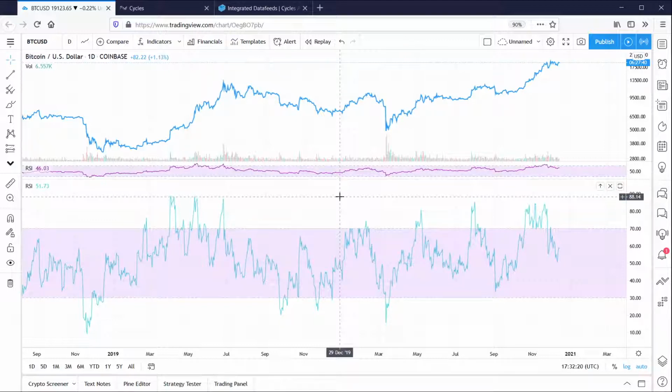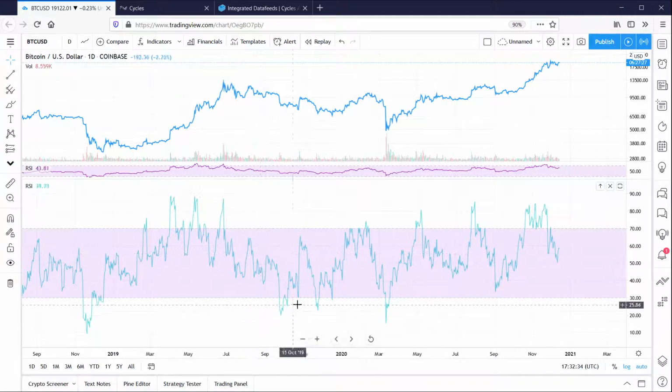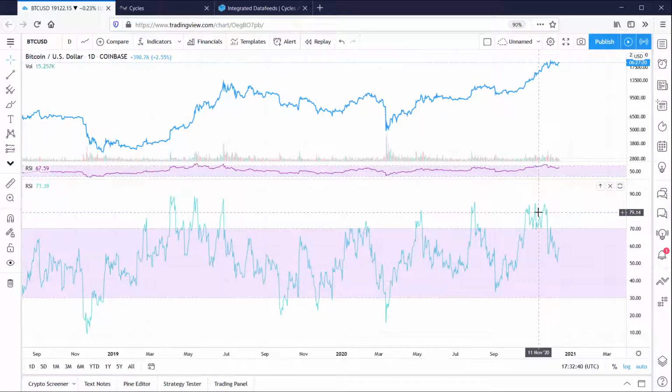You can use the length information of cycles to fine-tune the length setting of technical indicators, because the length setting of 14 here is giving you a lot of whipsaw trades. Yeah, here it's overbought, here it's oversold, but way too many signals below or above the threshold band. And this makes these technical indicators almost useless if you don't know how to adjust them.